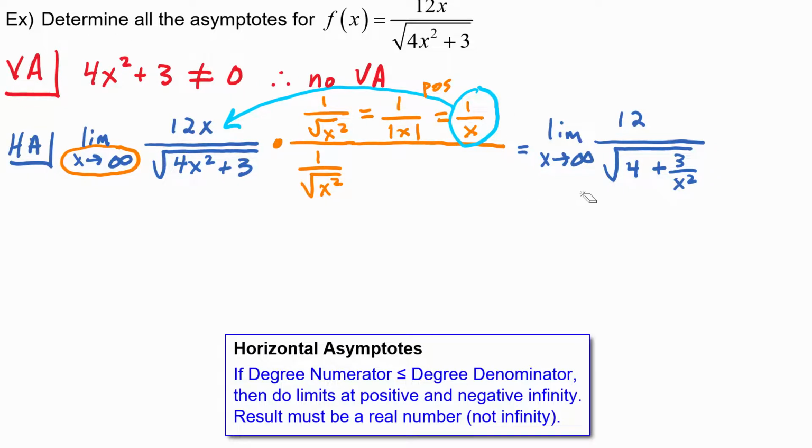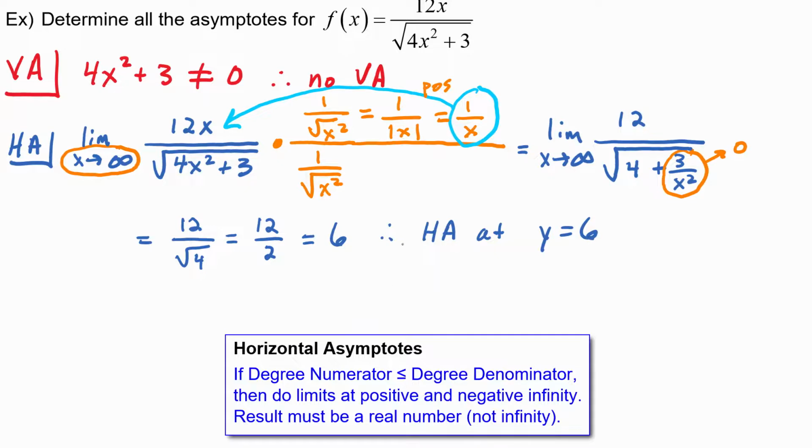Now we can perform the limit as x goes to infinity, and we know that 3 over x squared is going to go to 0. So now we've got 12 over the square root of 4, which is 12 over 2, which is 6. So therefore, we have a horizontal asymptote at y equals 6.